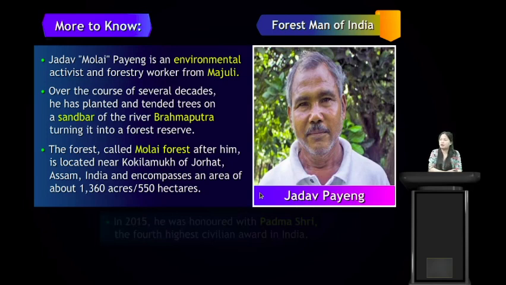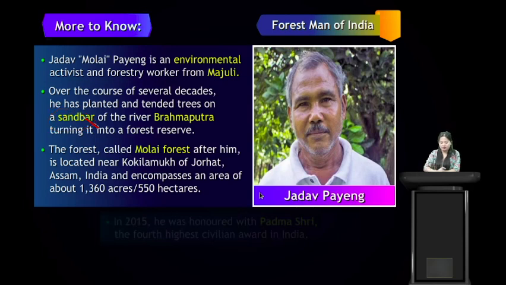The forest is called Molai Forest, after him, and is located near Kokilamukh of Jorhat, Assam, India, and encompasses an area of about 1,360 acres or 550 hectares. There it used to be a sandbar along the Brahmaputra river.